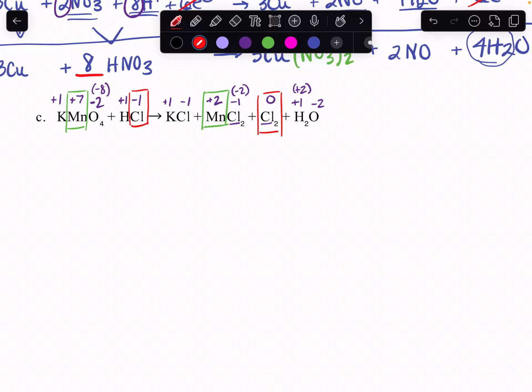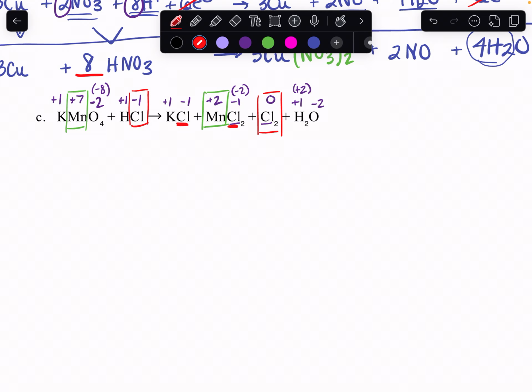And I know what you're saying, oh, but wait, how do you know that? There's a chlorine in potassium chloride, there's a chlorine in manganese 2 chloride. Like, how do you know? Well, if you look, nothing else is being oxidized, right? So that's how you know.